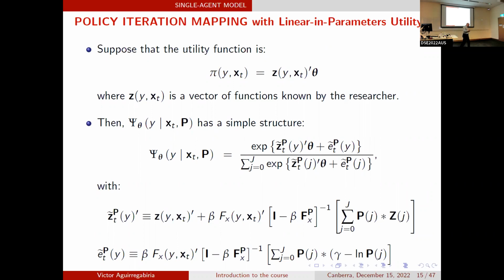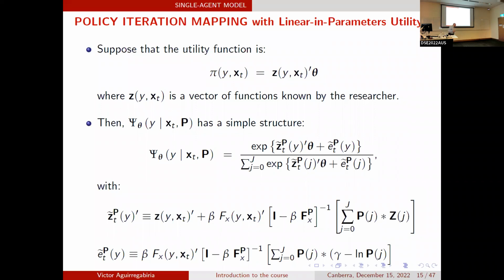This is a structure that, of course, is not completely general, but many empirical applications have this type of structure, okay? Even if your model does not have this type of structure, like a constant relative risk aversion utility function or things like that, you could approximate it using a linear approximation of this around some initial case. But well, this is the particular structure that I'm considering here that is linear in parameters.